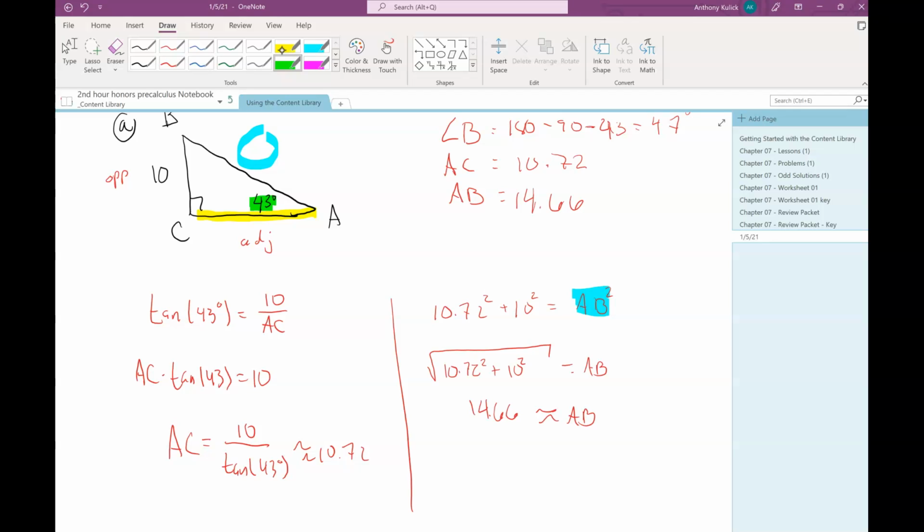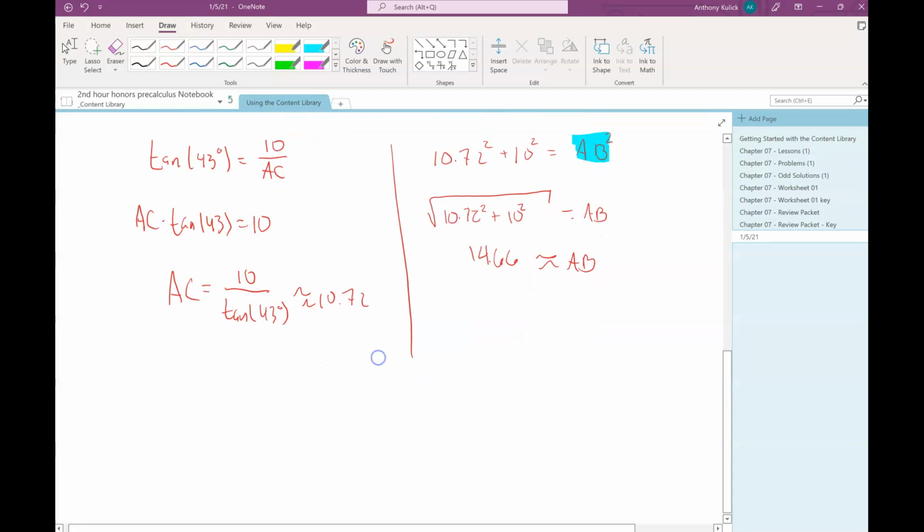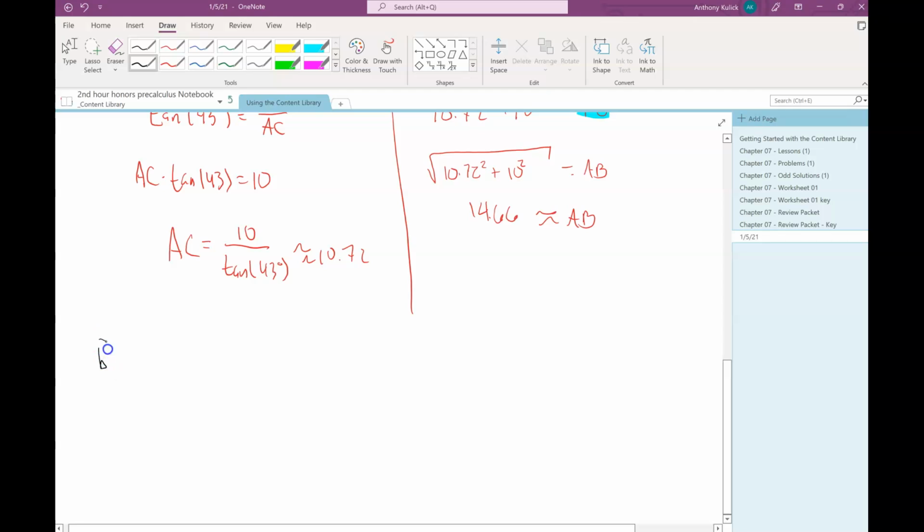That's the middle side. That looks good. My biggest angle is the 90 degrees. That's across from the hypotenuse, 14.66. That's the biggest. That looks good. Not a guarantee that you've got it correct if those things match up, but probably, unless you did something goofy and transposed a decimal point or something.